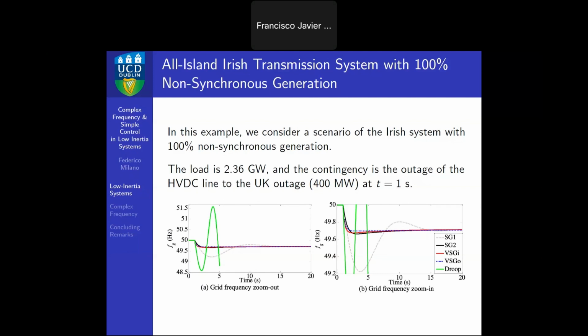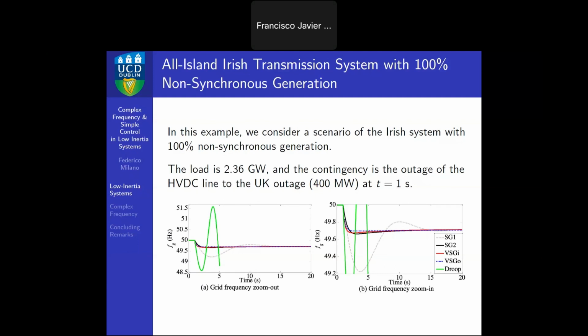Now, the droop control was unstable, and with partially virtual synchronous generation controlled power plants, the system was stable, and actually could also be much more stable than the conventional one. Probably it's not super clear here, but you see this swing that is very pale is the conventional system.